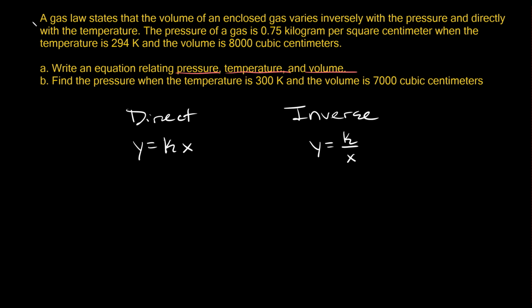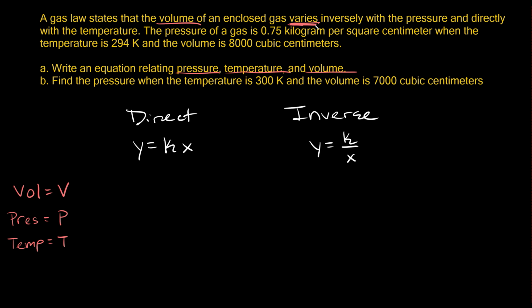What does our first sentence tell us about the pressure, temperature, and volume? Here it says that the volume of a gas varies. We want to find the volume, so let's label that as V. We also want to find the pressure, let's label that as P, and the temperature, let's label that as T. The first sentence just says that the volume varies.